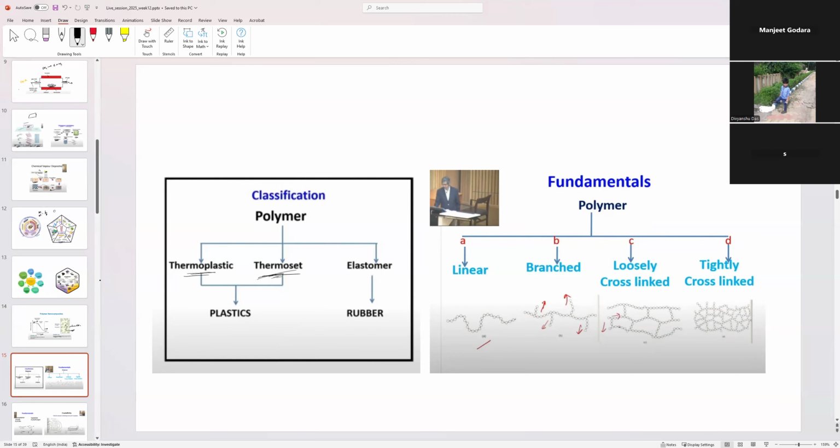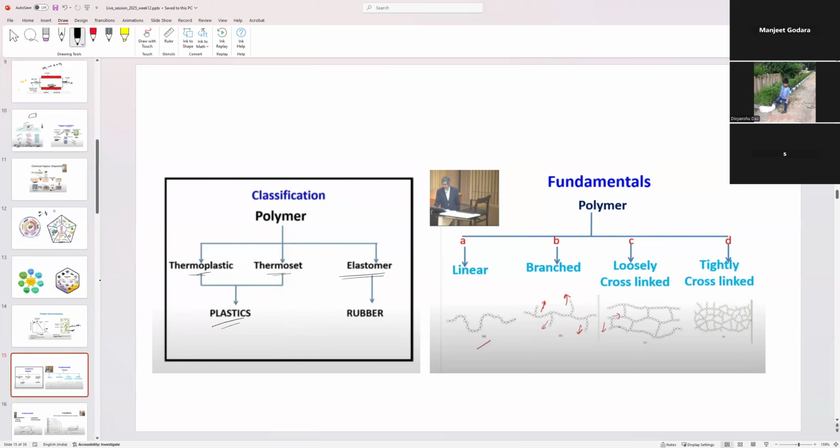So once you've made something out of a thermoset polymer, you cannot remold it using heat. Whereas with thermoplastic, you can use heat to reshape it into a new material. Every time you reshape it, it degrades a little bit, so there is a limited number of cycles you can do with plastics.